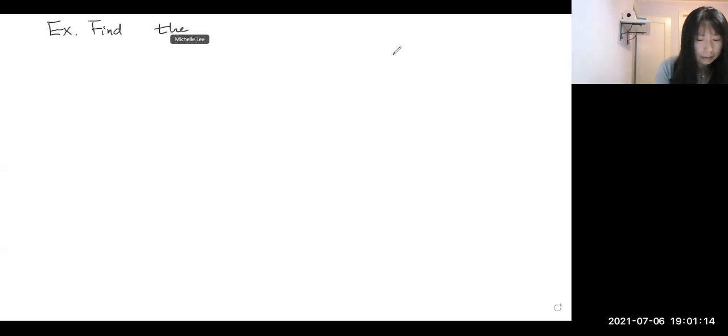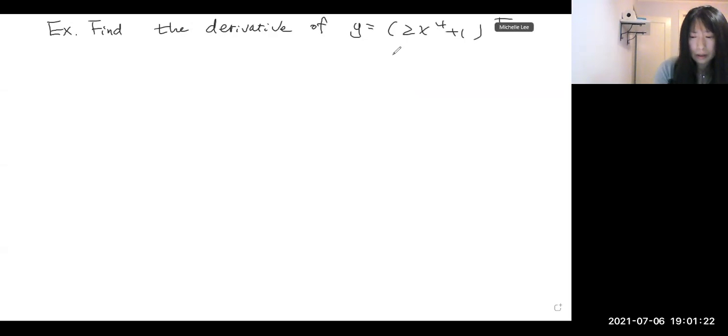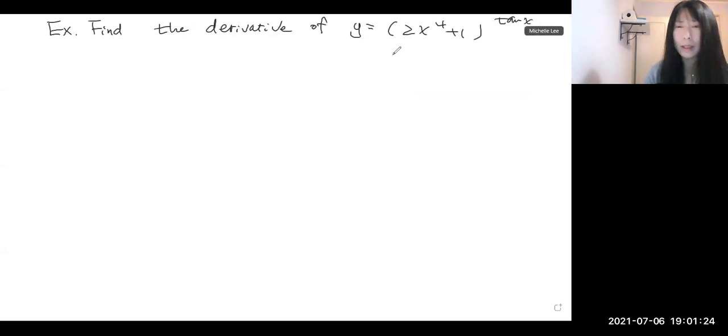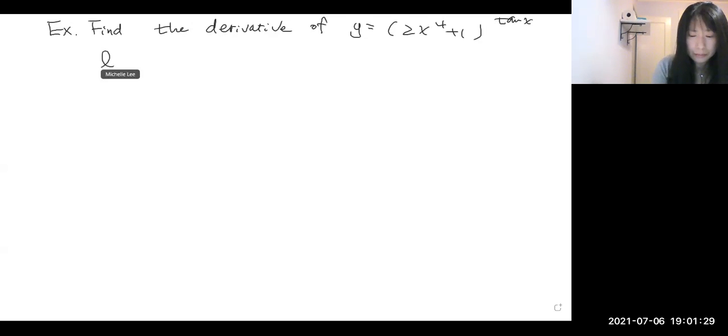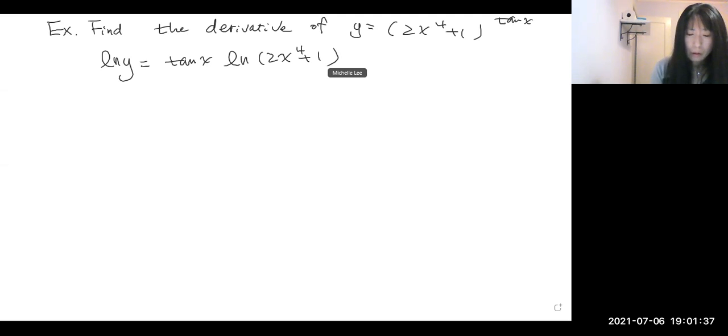Find the derivative of y equal to 2x to the 4th power plus 1, all to the 10x. 10x is the power. So we take the ln of both sides and we bring down the power. Then we take the derivative of both sides.